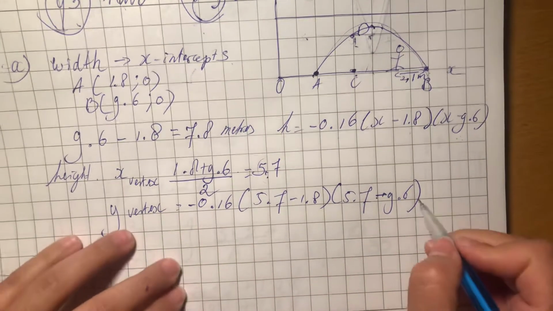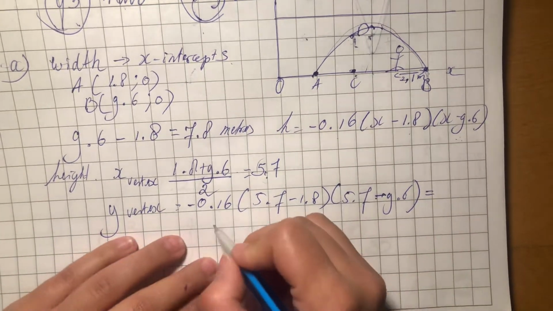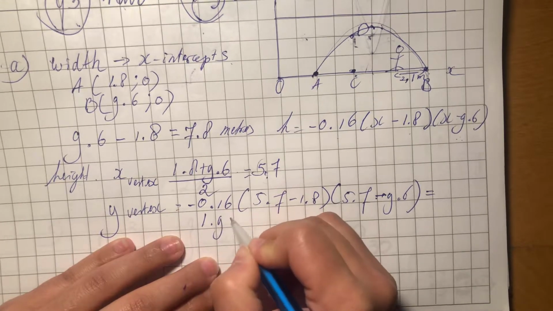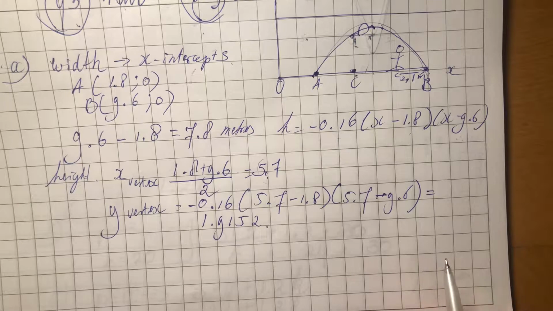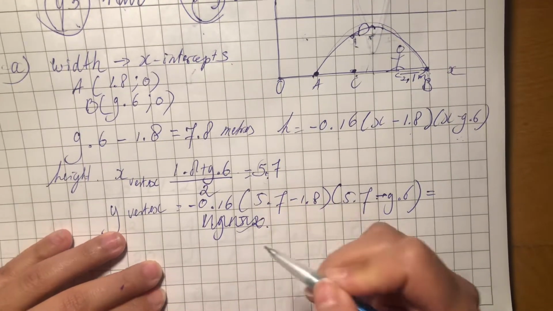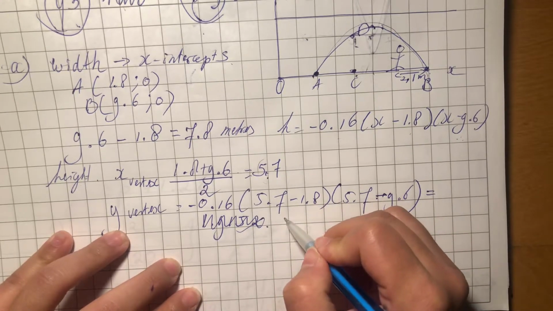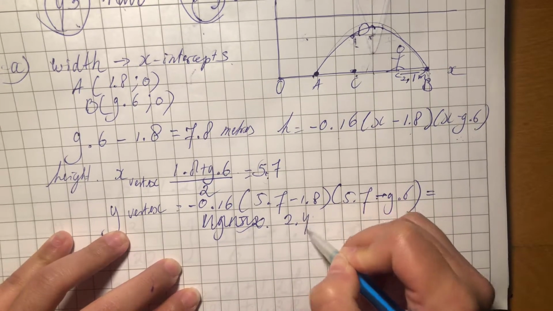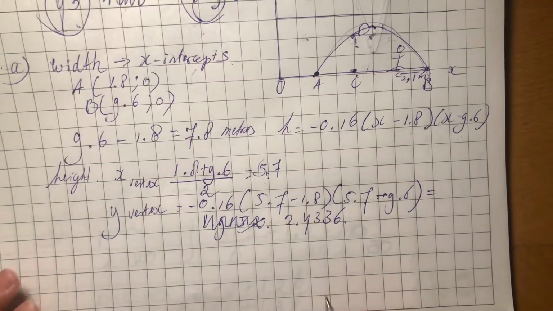Use your calculator for this because we're working with decimal numbers. If you do it correctly, you will find 2.4336. That's the height of the tunnel.